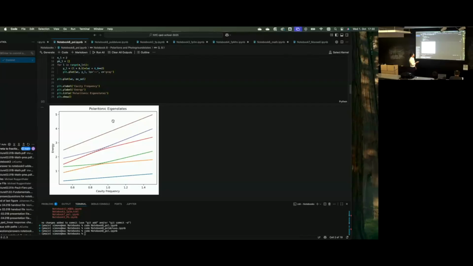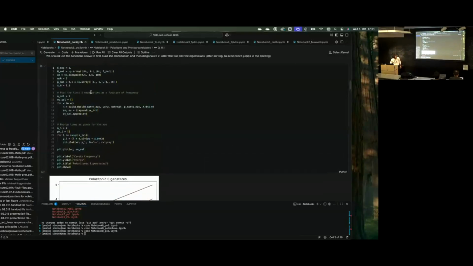Okay? But now when you couple to photons, you see that this flat line actually gets split into two. And this splitting here, which is small in this case, is the Rabi splitting. And you have this splitting over different photonic branches. I'm not sure if this is going to work live. Let's see. If I change this one, which is setting the coupling strength, to say 5.